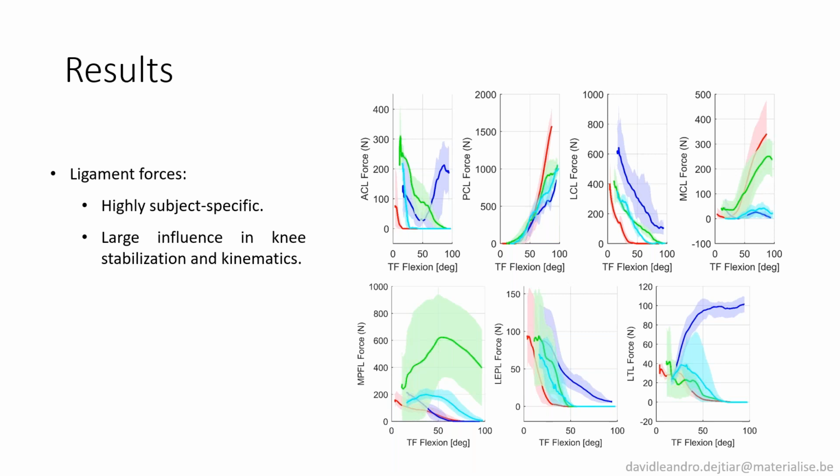From our experience, we can also say that knee kinematics and ligament attachment points, and even the ligament parameters, meaning the stiffness and reference strain, have a large influence in the knee stability.